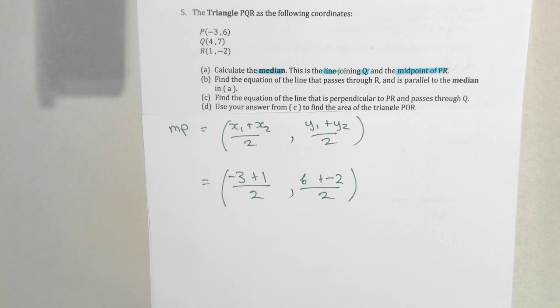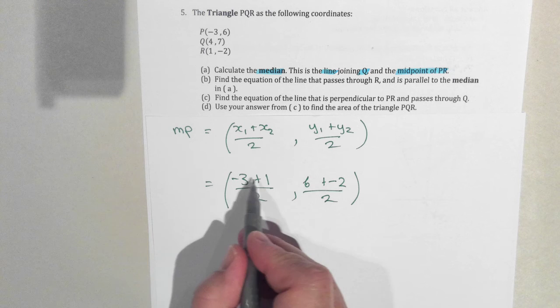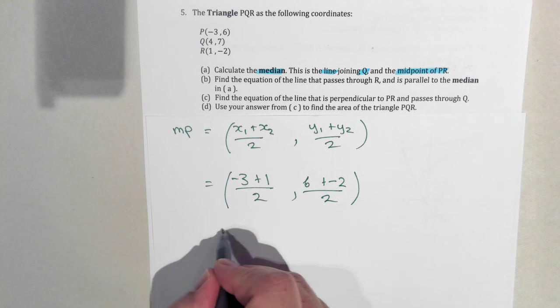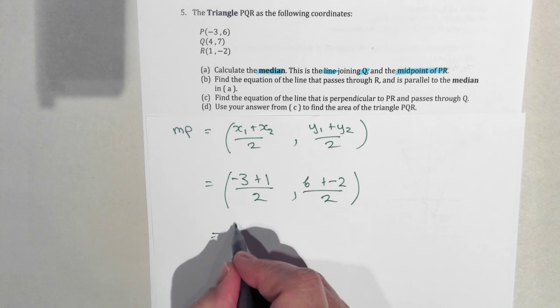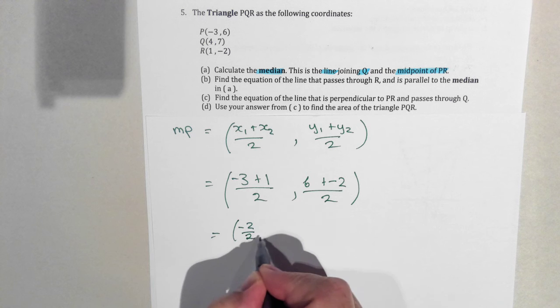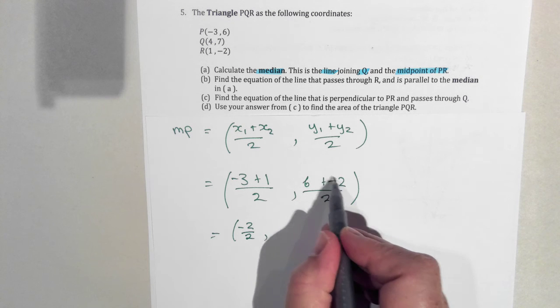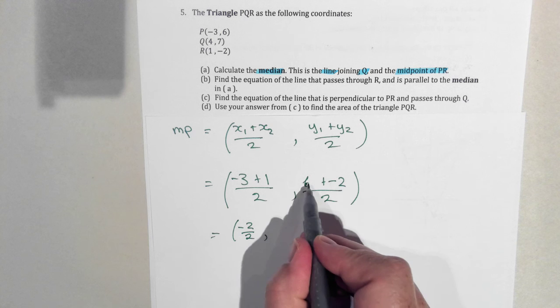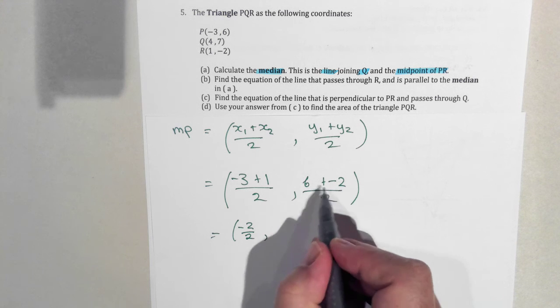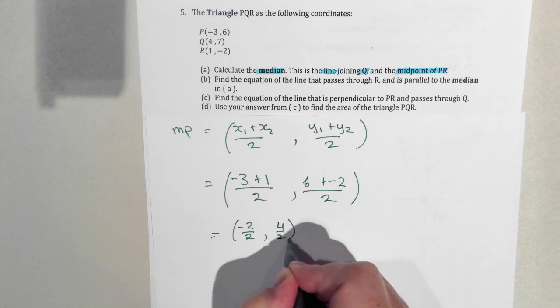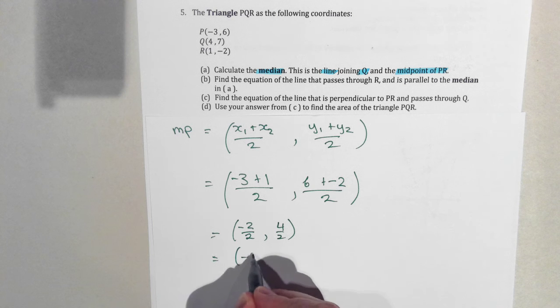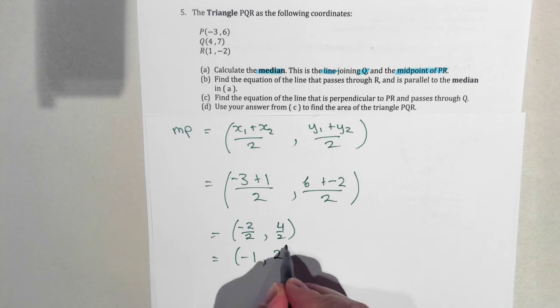So now let's just work this one out. So -3 plus 1 is going to give us -2. So that's going to give us -2 over 2. 6 plus -2, a plus and a negative next to each other makes into a subtraction. 6 take away 2 is 4, and that gives us 4 over 2, which when we simplify that is -1, 2.